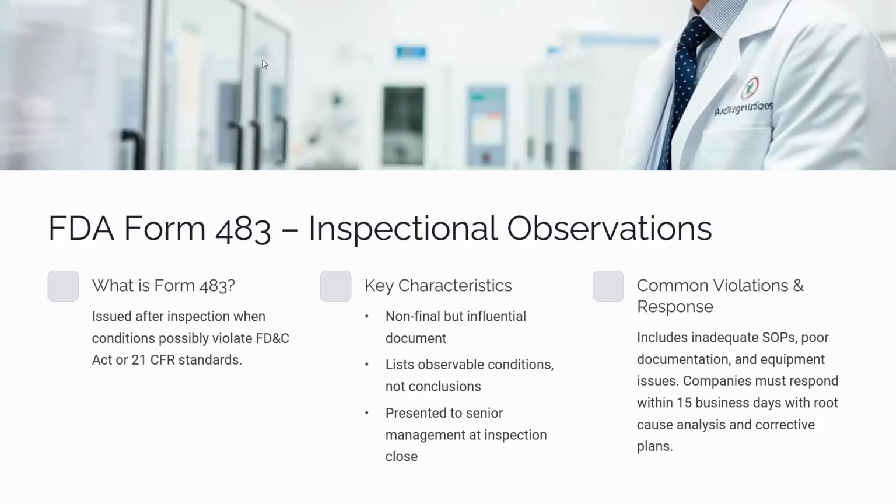Okay, let's start again with Form 483. Form 483 is a document issued by FDA investigators to a company at the end of an inspection, when the investigator who was conducting the inspection observes violations of the FDA regulations.